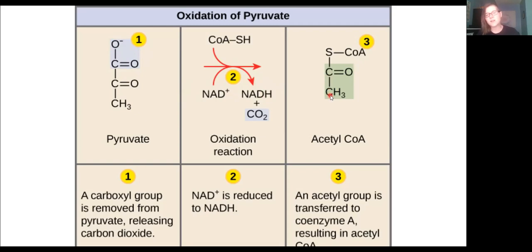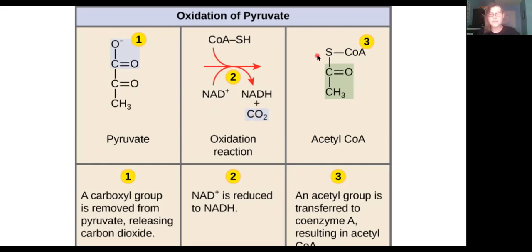So we have an acetyl-CoA at the end. Acetyl has 2 carbons. We started with 3 carbons of pyruvate. We end with 2 carbons of acetyl. It has only 1 oxygen for those 2 carbons. So this one over here had 3 for those 2 carbons. So we actually have managed to cut back the pyruvate because we oxidized 1 carbon and made it go away.